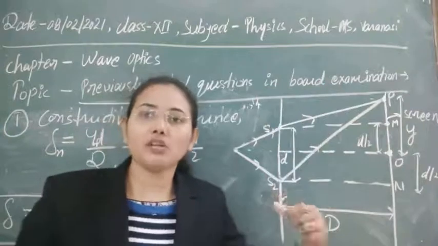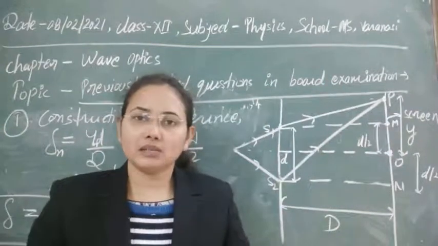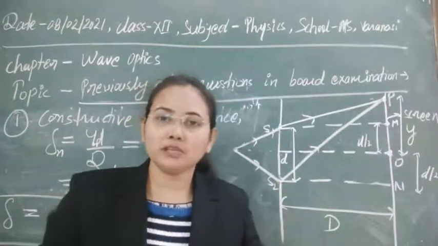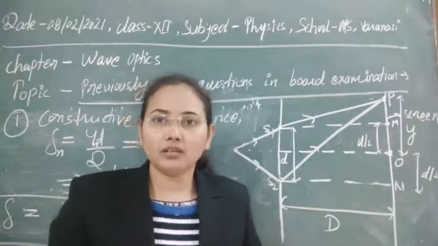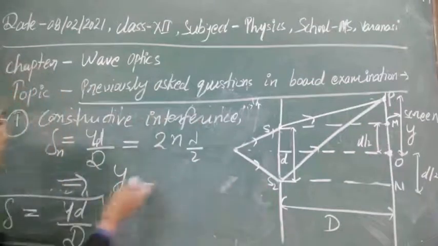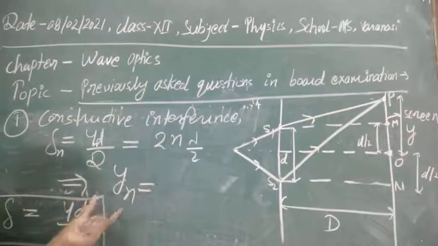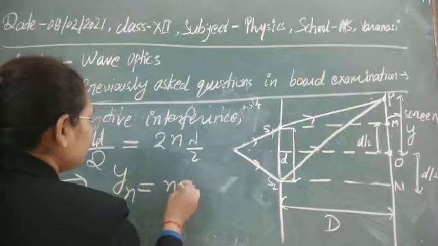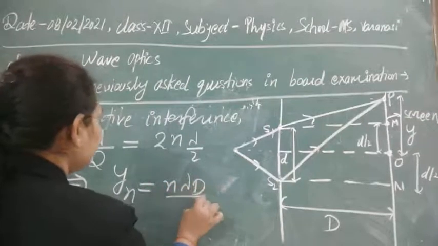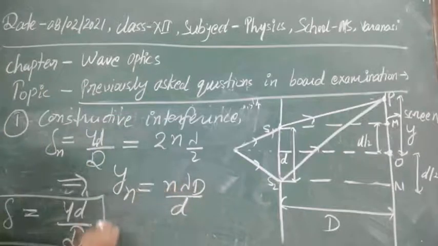So n represents the order of the maximum or minimum intensity, the way in which we get the intensity pattern on the screen. So in general yn is equal to n lambda D by d.